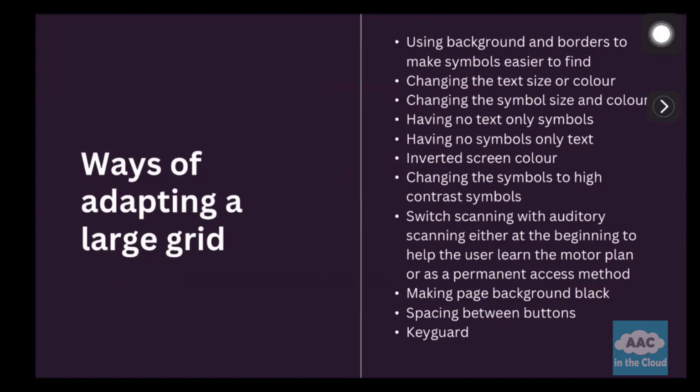Without using a smaller grid, you can do 60 to 100 words by using borders and backgrounds, and make symbols easier to find by changing the text size or color, changing the symbol size or color, having no text, only symbols, having no symbols, only text, inverting the screen color, which I'll show you later, changing the symbols to high contrast symbols, switch scanning with auditory scanning either at the beginning to help the user learn the motor plan or as a permanent access method, making the page background black, and spacing between buttons and a keyguard, which Stefanie will show you what a keyguard is in a while.